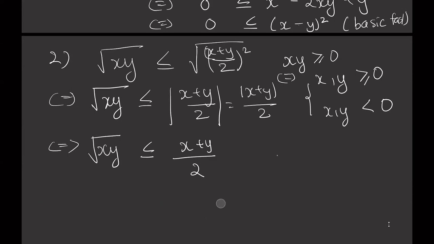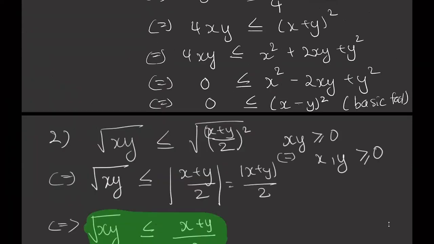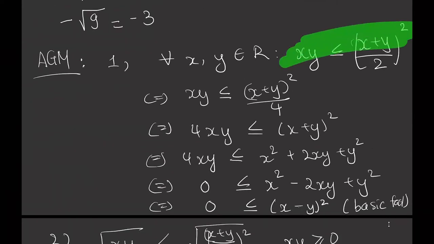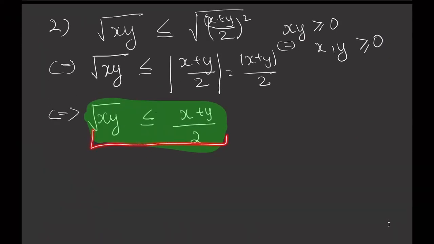Therefore, we only keep the first condition, x and y non-negative. Okay? So this one is the second version of AGM that you will use, and this one is the first version. For the first version, you can use it with any real numbers x and y. However, for the second version, if you want to use it, you have to explain why x and y are non-negative.